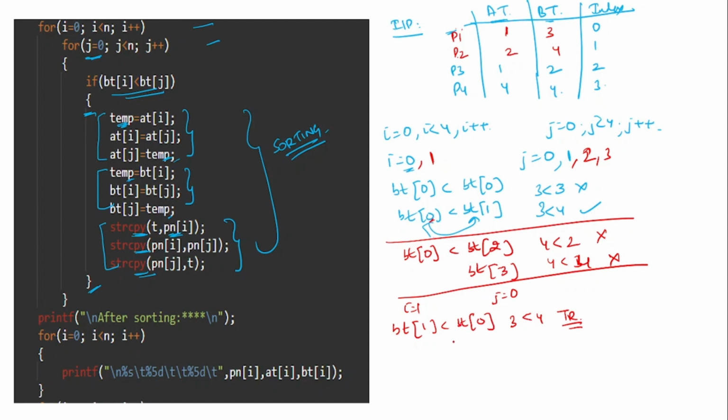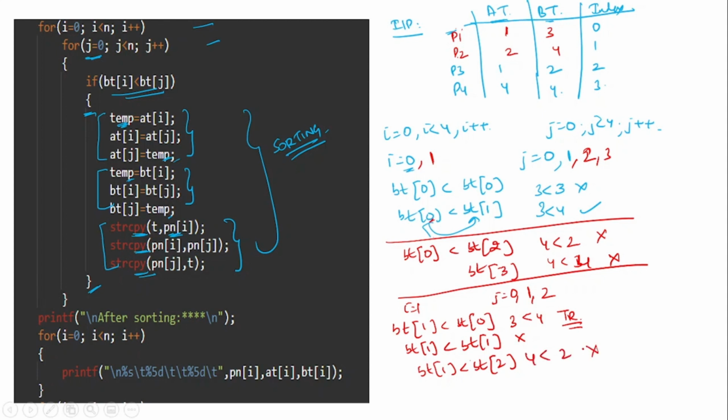Now next I again increment the value j and I write BT1 is less than BT1. So again this would be false. Again j is incremented. We see BT1 is less than BT2. Is it true? So BT1 is 4, it is less than 2.